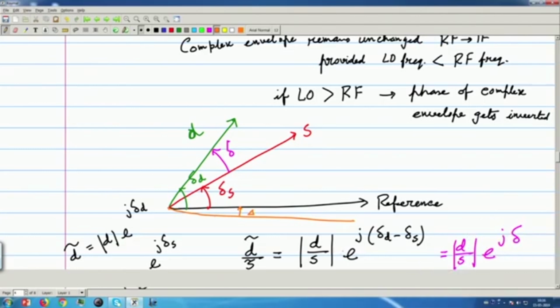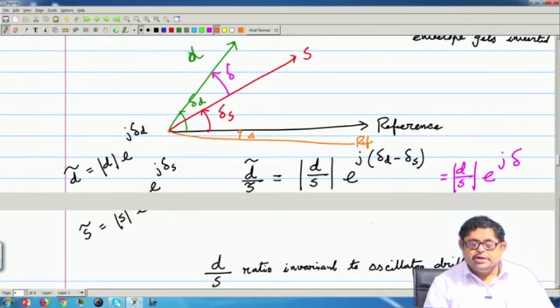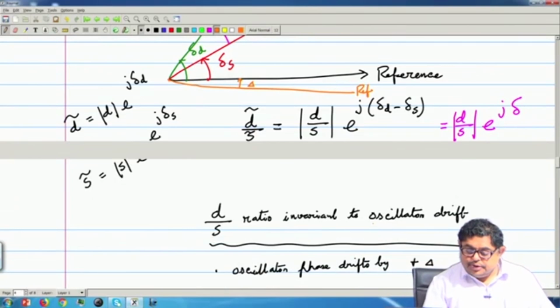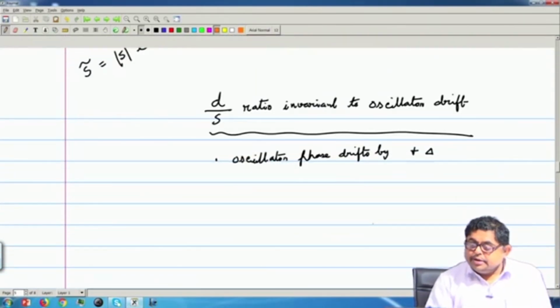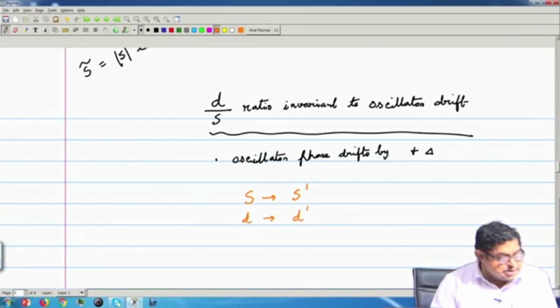So, we can now say that this is the reference, and all these quantities with respect to the reference will change, and they will be called the new delta. So, now our S has become S dashed and D has become D dashed.